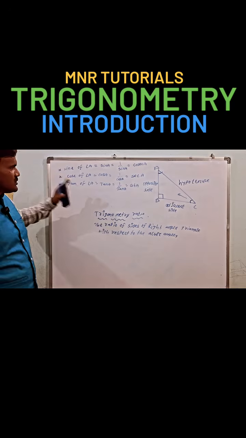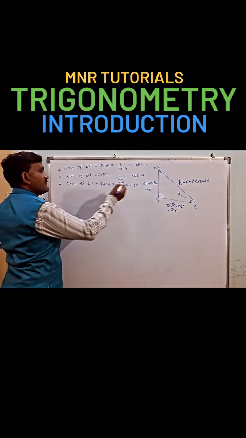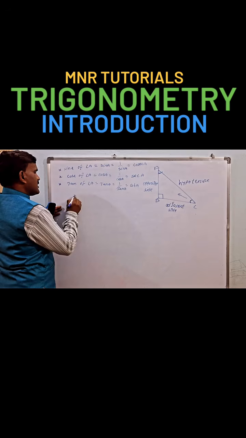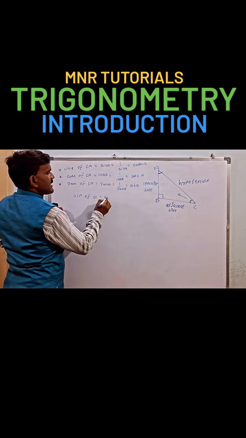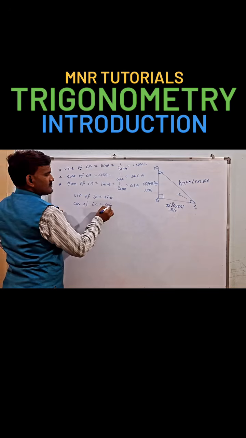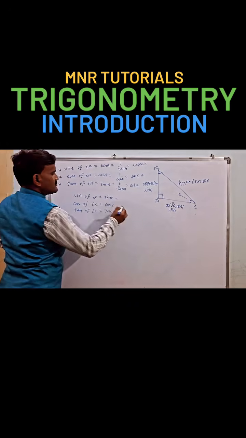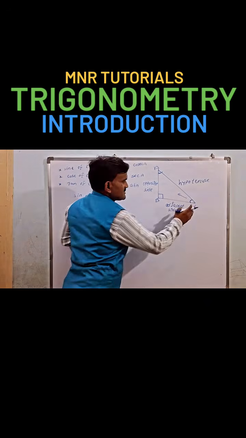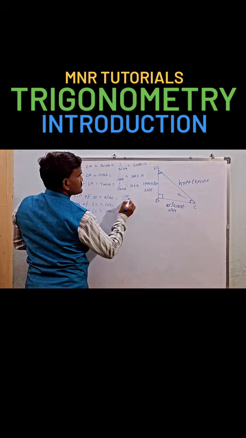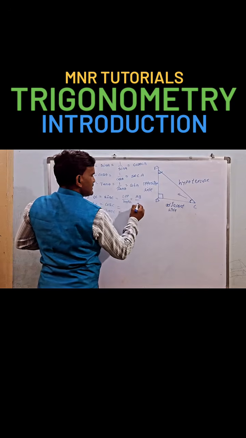Students, this is sin A when considering angle A. For example, when considering C, we have sin C, cos C, and tan C. Considering C, sin C is opposite side by hypotenuse, the sides AB by AC.